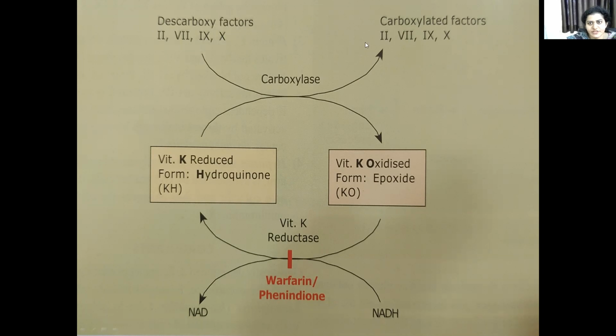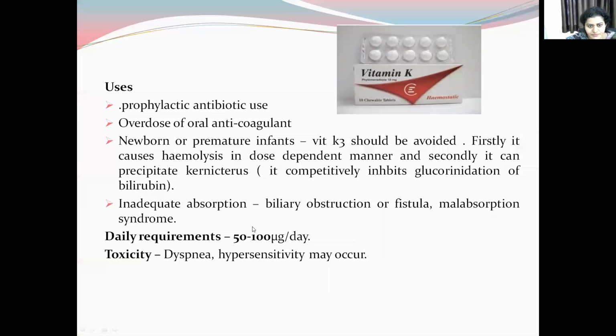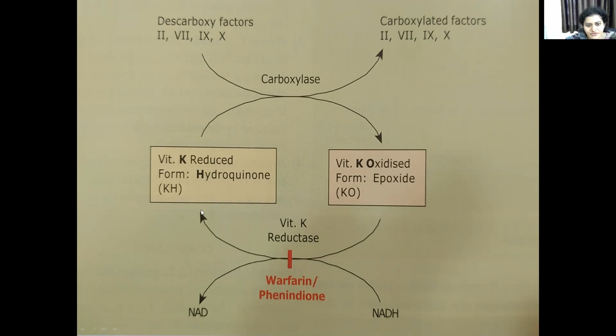To become biologically active, they need gamma carboxylation, which is done by the carboxylase enzyme. And this carboxylase enzyme needs the reduced form of vitamin K, that is the hydroquinone form, as a cofactor. And this reduced vitamin K gets converted to the oxidized form of vitamin K, called epoxide, and this gets converted back to the reduced form of vitamin K by the enzyme vitamin K reductase.